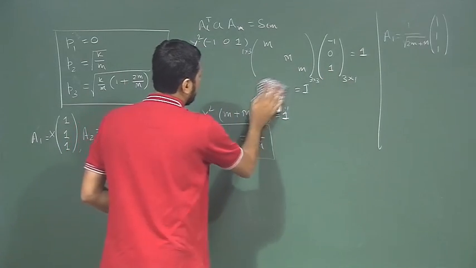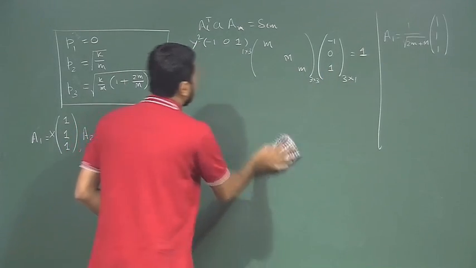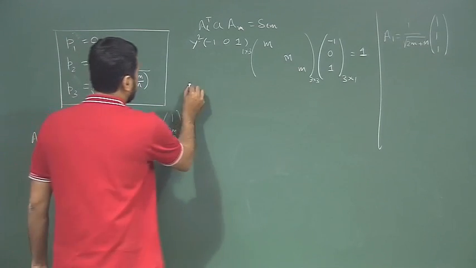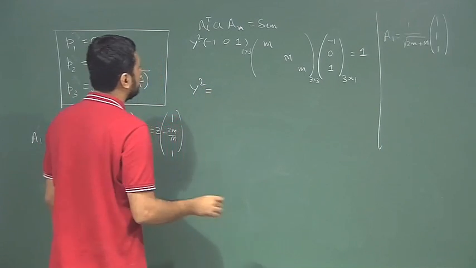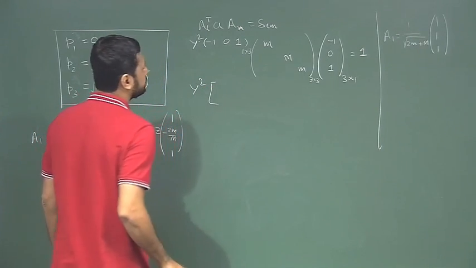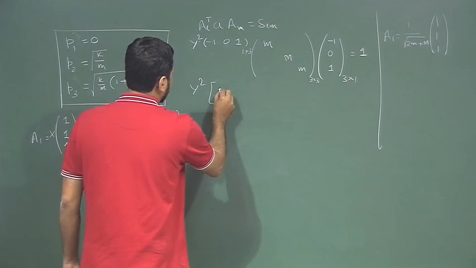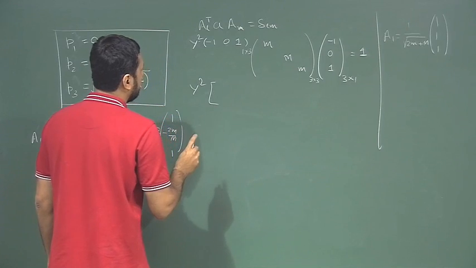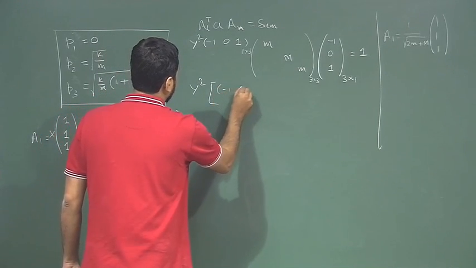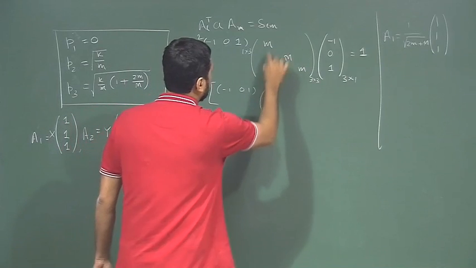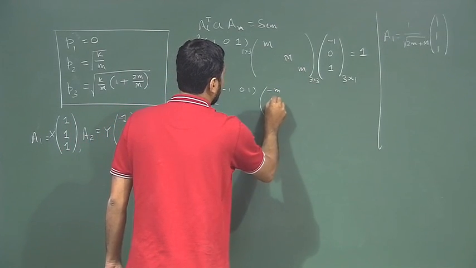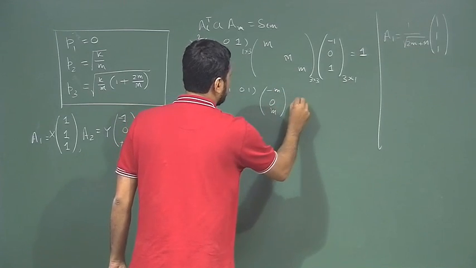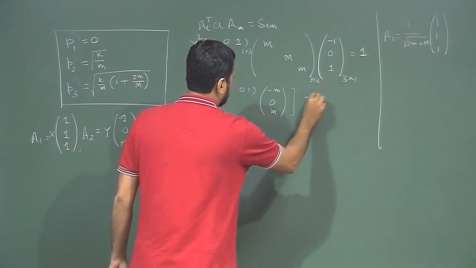Okay. So, following the same procedure, we get y square times (minus 1, 0, 1), then (minus m, M, 0), which will be equal to 1.